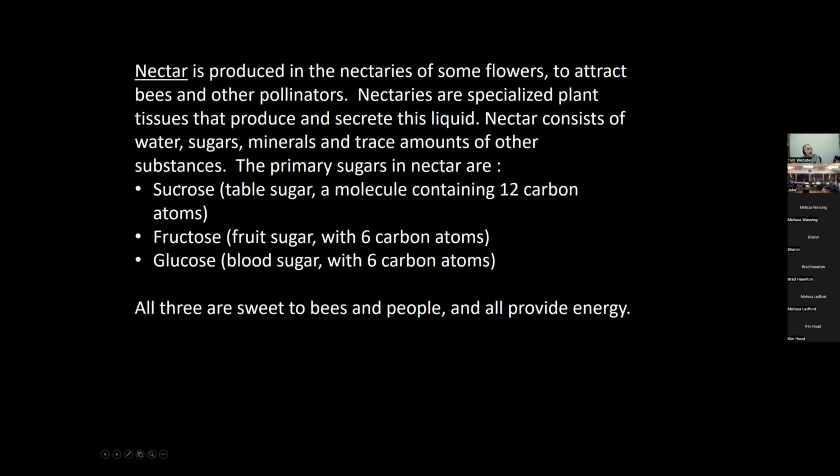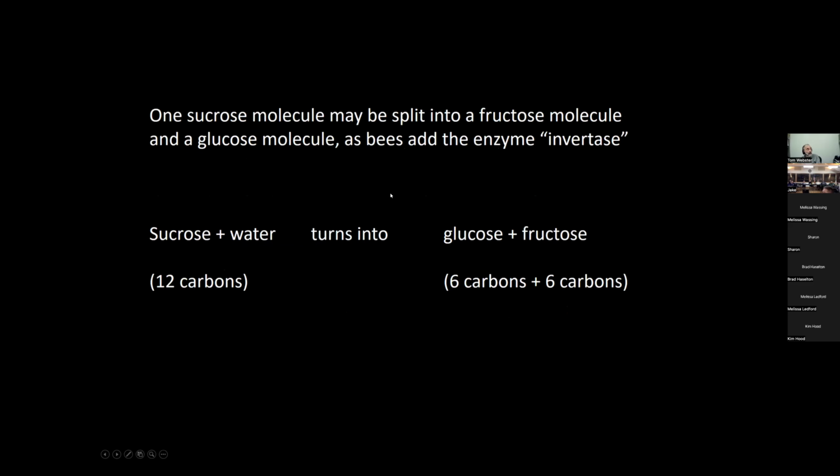And sucrose can be split from the 12 carbon molecule into a glucose and a fructose, which are each 6 carbons. And that's what happens when the bees are making honey. The bees add a special enzyme called invertase, which splits the sucrose molecule using a little bit of water into a glucose and a fructose.